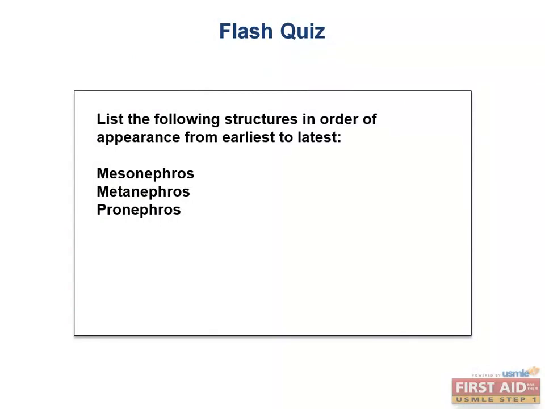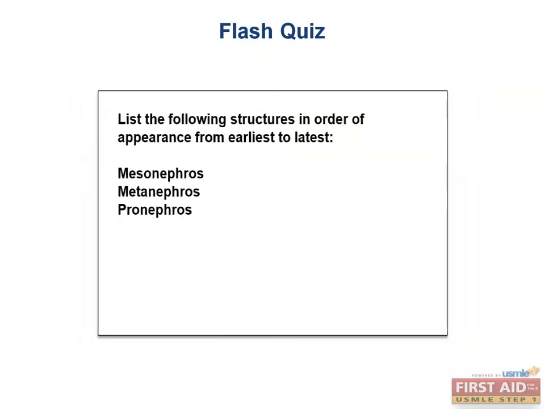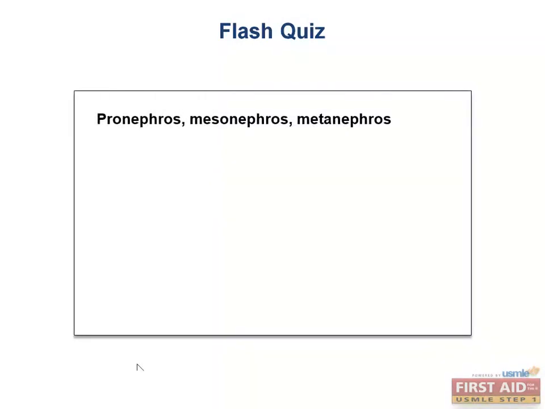List the following structures in order of appearance from earliest to latest. We have mesonephros, metanephros, pronephros. Take a minute to think and give an answer. The correct answer is pronephros, then mesonephros, and then metanephros.